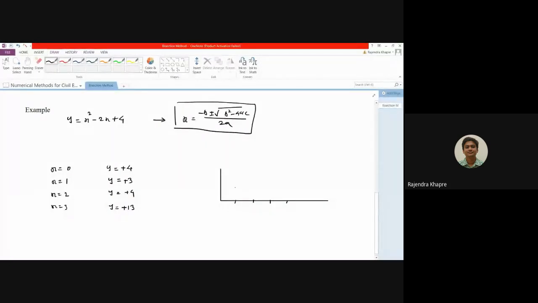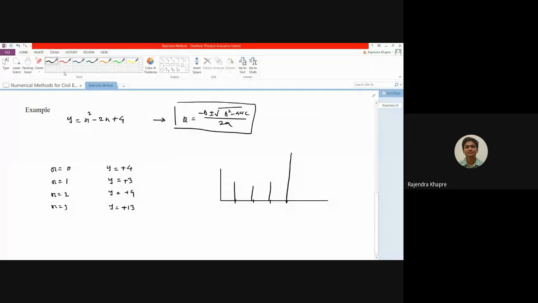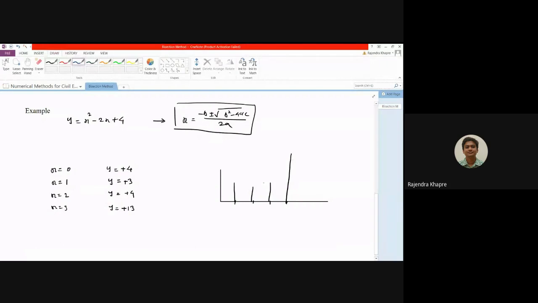So this is 4, this is 3, this is once again 4, and this is 13. So your curve is something like this. It is going down and it is going up.